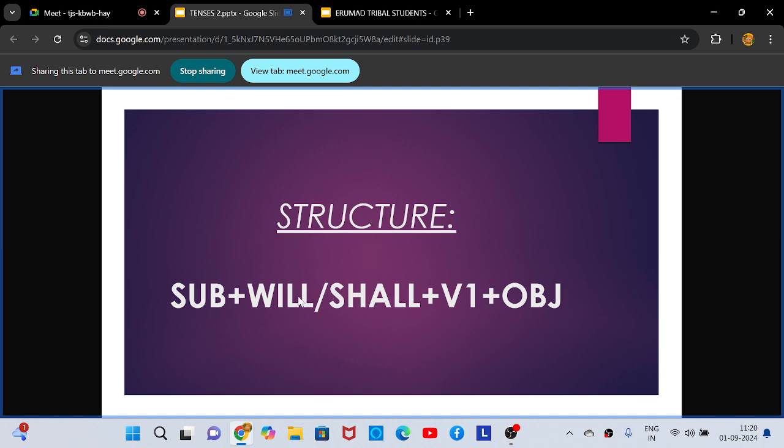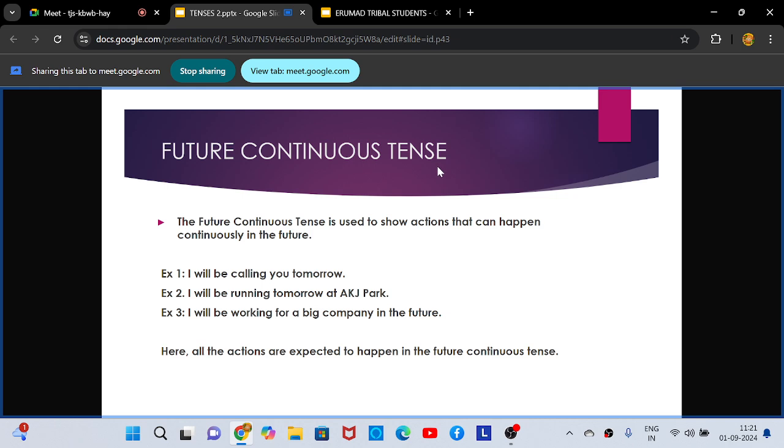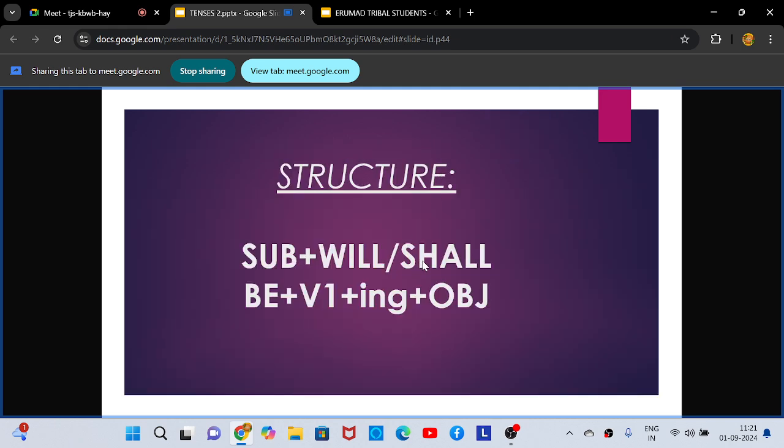So the structure is subject plus will or shall plus V1 plus object. Now moving to future continuous tense. It is subject plus will or shall be plus V1 plus ing plus object. There it was subject plus will or shall plus V1 plus object, here it is will or shall be plus V1 plus ing plus object.